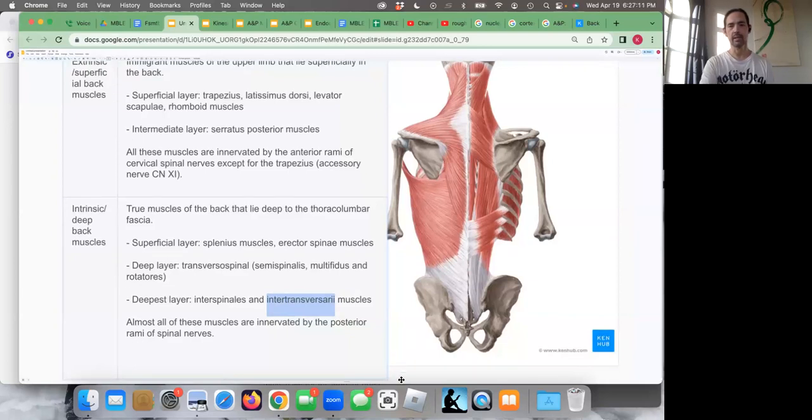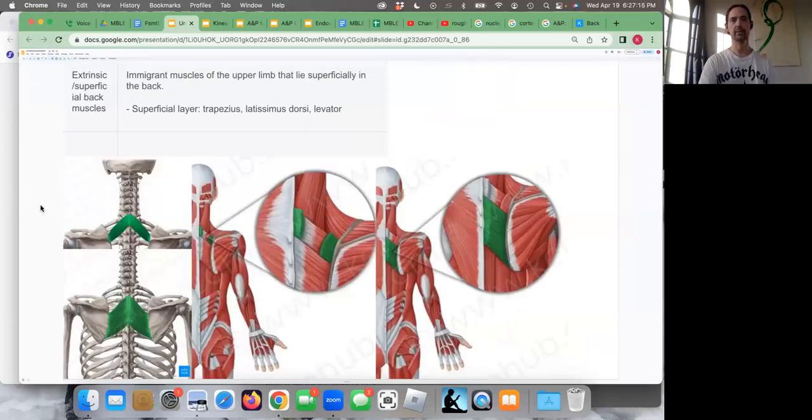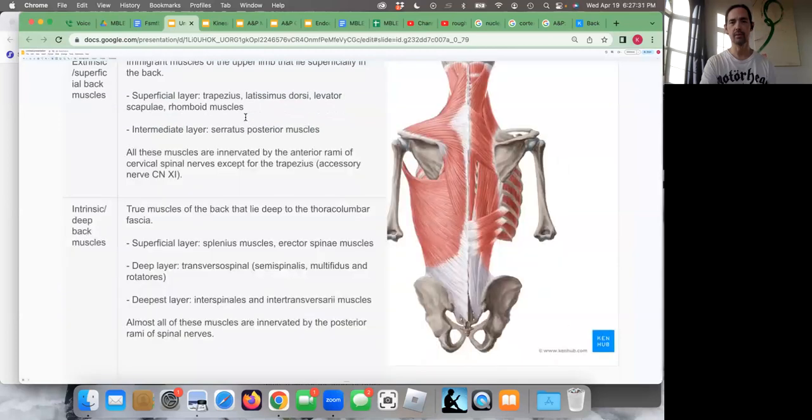Okay, let's go down one slide and see what's on the next slide. We're going to take a look at the extrinsic muscles, starting with the superficial layer: the trapezius, latissimus dorsi, levator scapulae, and the rhomboids. Where are the rhomboids? How come my rhomboids are not listed?